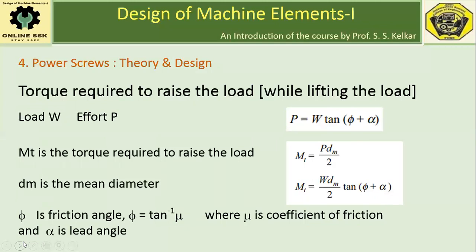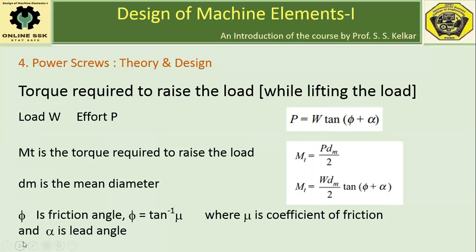Suppose a load required to be lifted is denoted by W, then the effort or the force that should be applied by the operator is P, and the relation between the load and the effort P is given by P equal to W times tan of phi plus alpha.